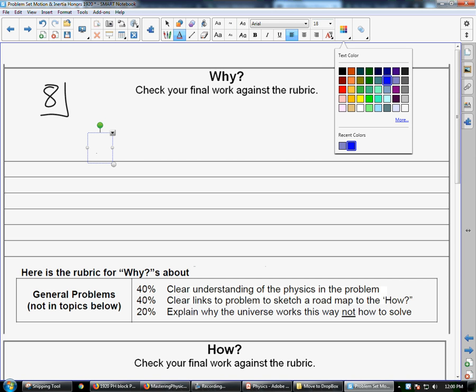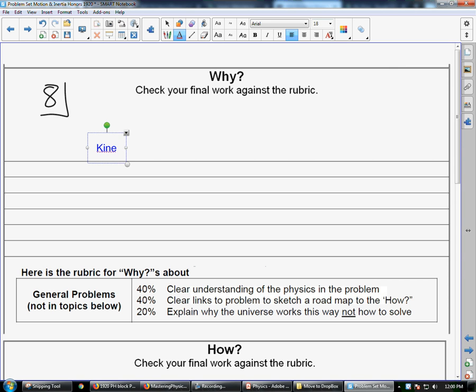So, let's see. I need to show that I understand kinetic energy. Kinetic energy is due to an object's inertia and speed.